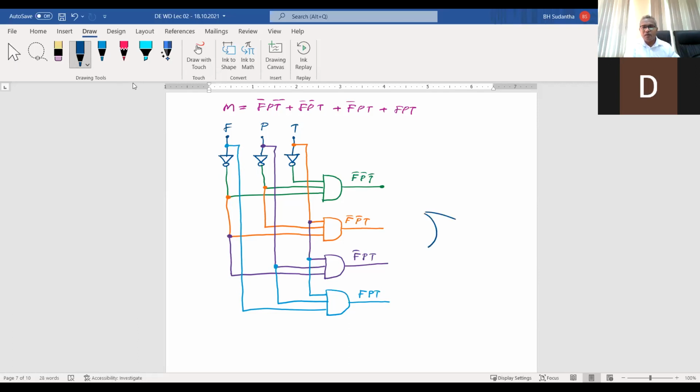Then we have to combine these four together to make M.